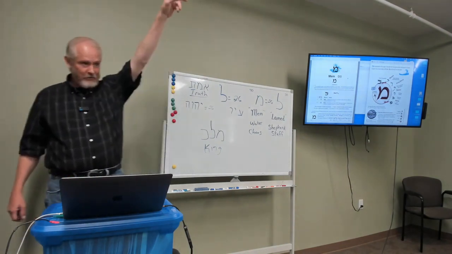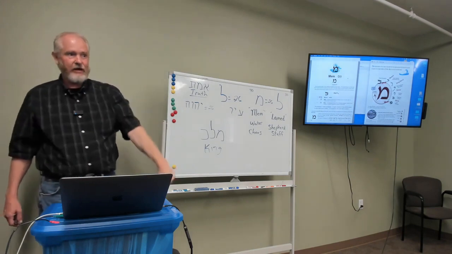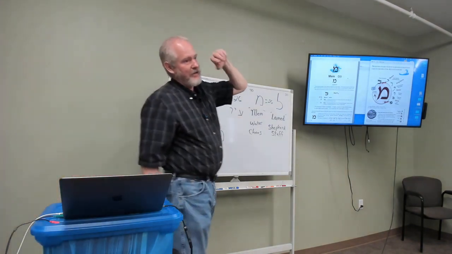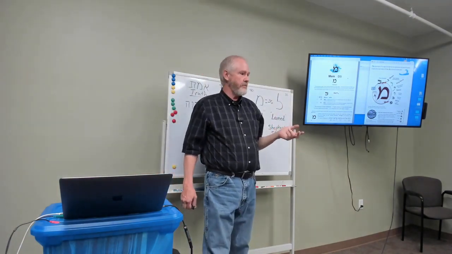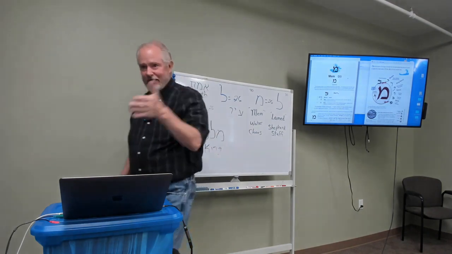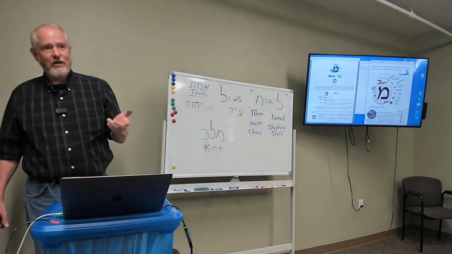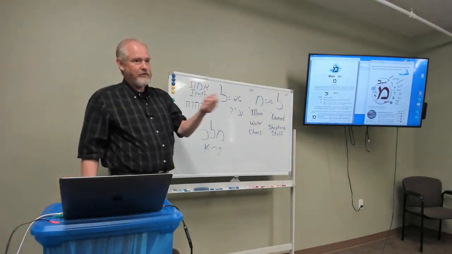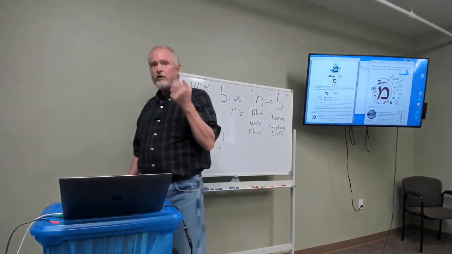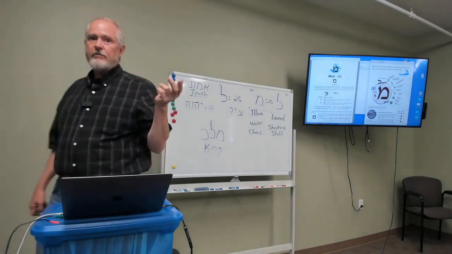It either comes from the sky, from the mountains, and runs down. It always comes from a source. So that's the way to think about it. If it's used as a prefix, it means from. Bet, in, go in a house. Lamed, to. You lead the flock to the field with the staff. Mem, water comes from a source, from.